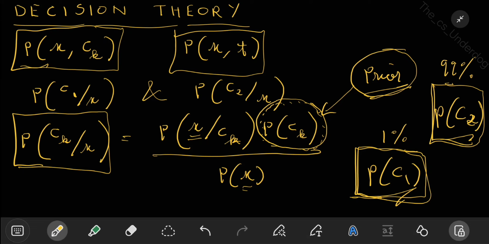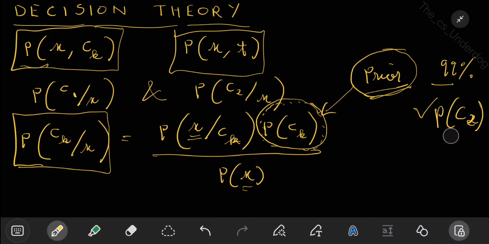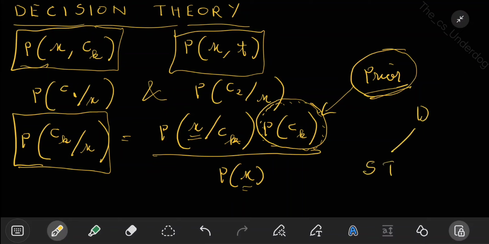If they belong to C1, it is detected as an enemy. If they belong to C2, they are detected as not an enemy. So whatever be the detection, once you detect it, you have to make a decision. What is the decision? Decision is to send troops or not send troops. Okay. This is the decision that you have to make.